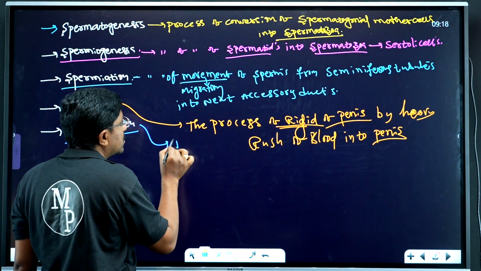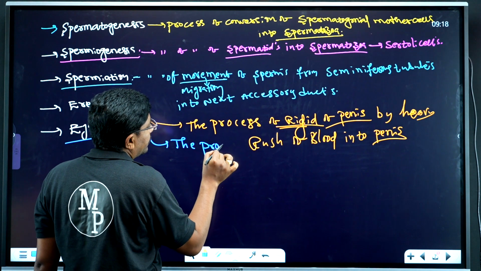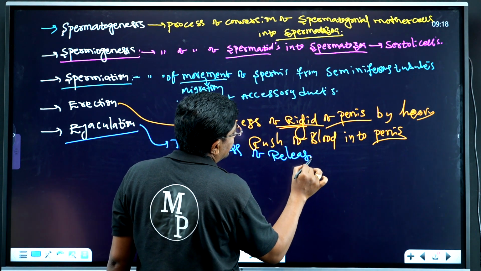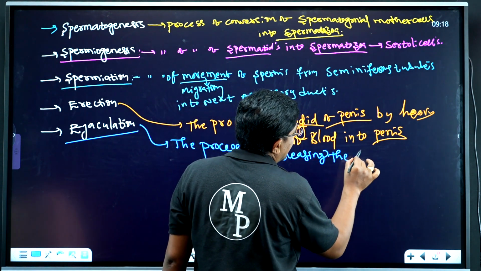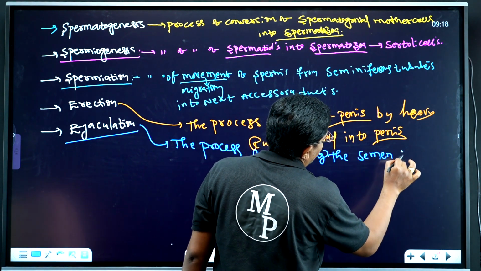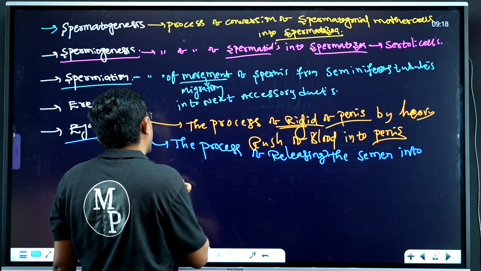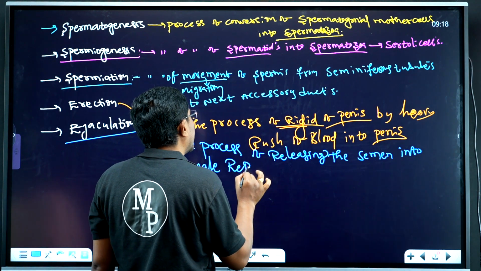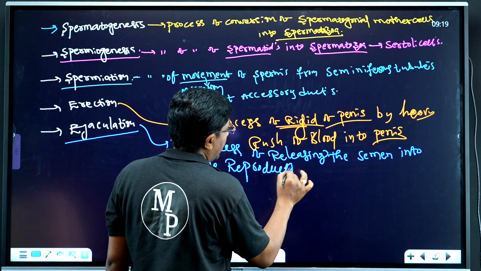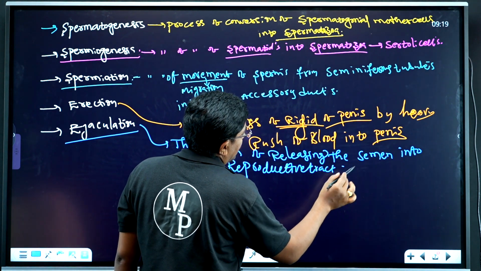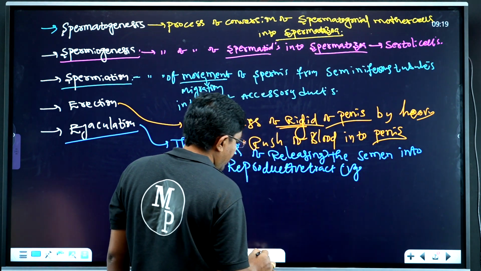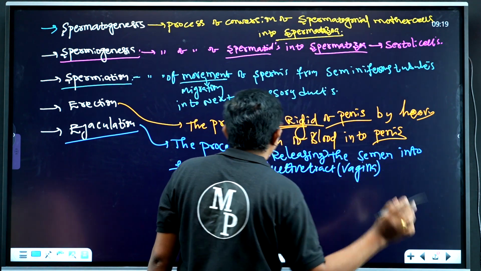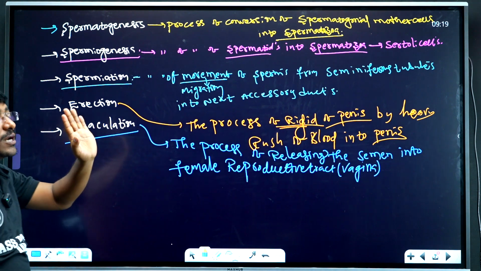Ejaculation means the process of releasing the semen into the female reproductive tract, which is nothing but the vagina. These are the meanings of these five words.